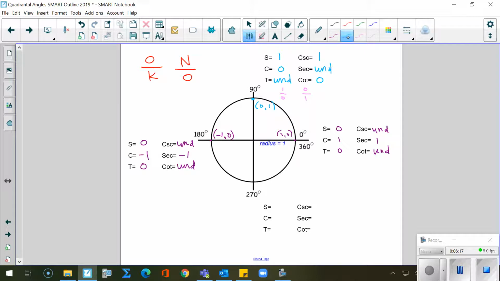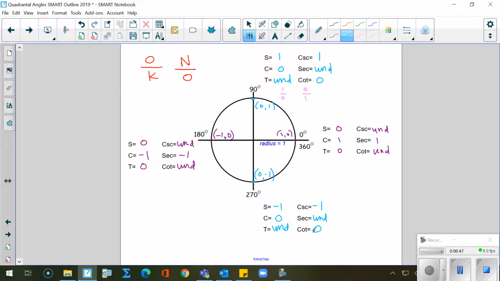And finally, at 270, sine is the y coordinate. Cosine is the x coordinate. Tangent is sine over cosine, which is undefined. The reciprocal of -1, the reciprocal of 0, the reciprocal of undefined.